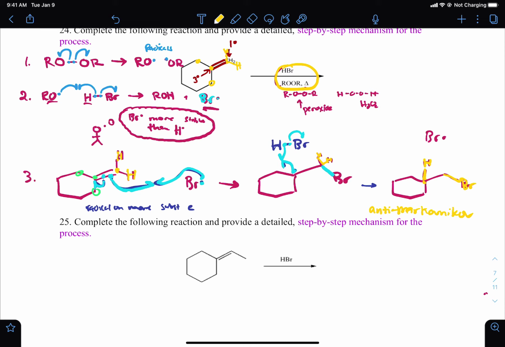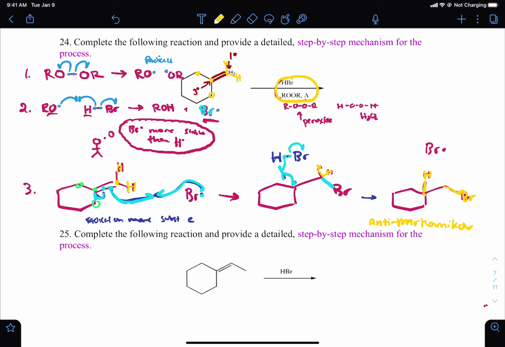Because in this type of problem, here they happen to ask for a mechanism, but they could have very easily just asked for the product. And in that case, if you can look at the double bond and go, okay, I've got a more substituted side and a less substituted side, and I've got reagents that force Markovnikov, or they force anti-Markovnikov, then all you have to do is put the H on and put the Br on.